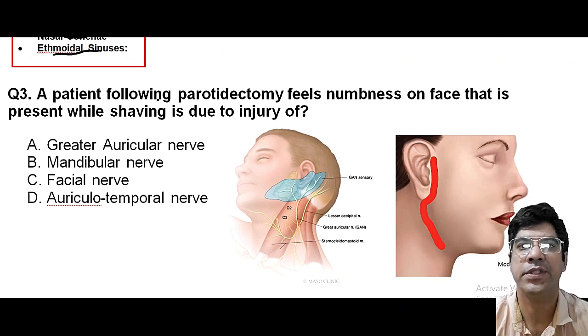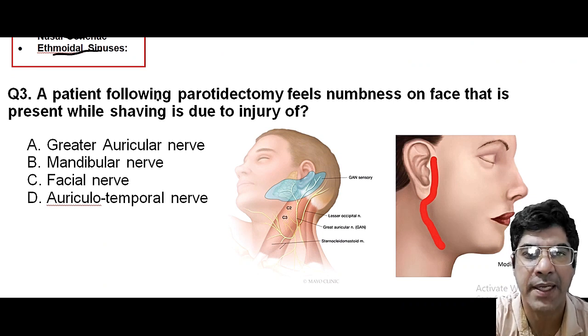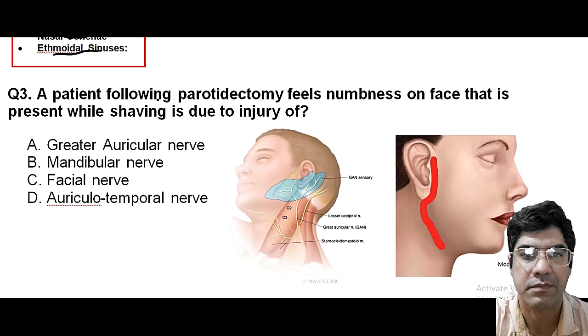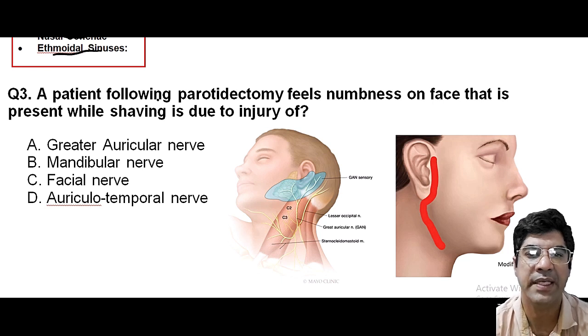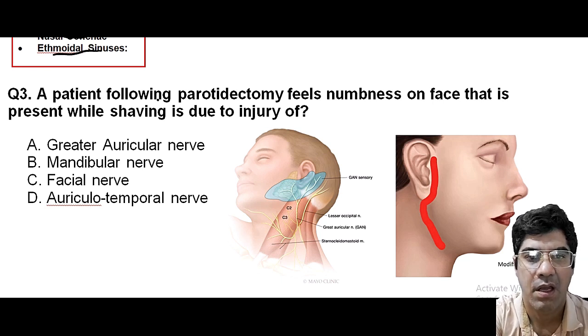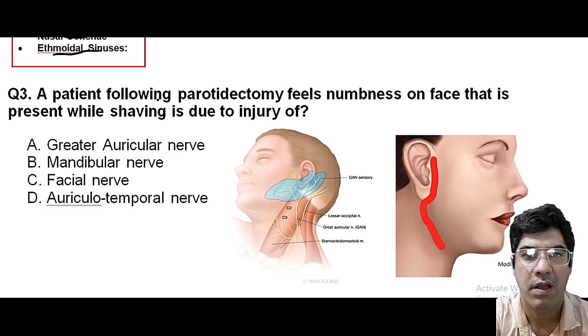Coming to the next question, a patient following the parotidectomy feels numbness on the face that is present while shaving. It's due to the injury of the great auricular nerve.